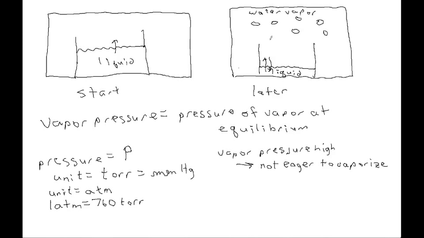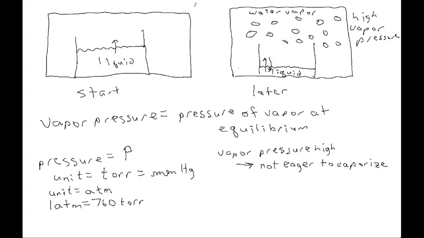So for example, if we have high vapor pressure, then at equilibrium there would be lots of water molecules around.